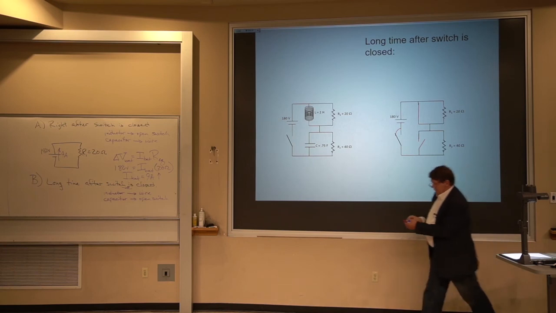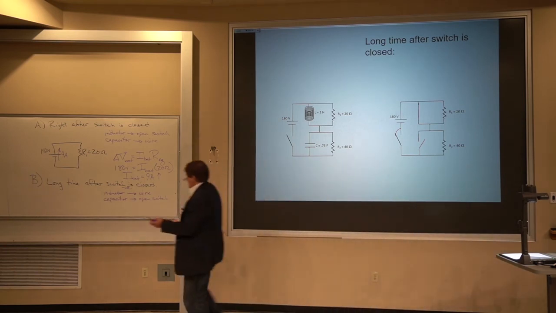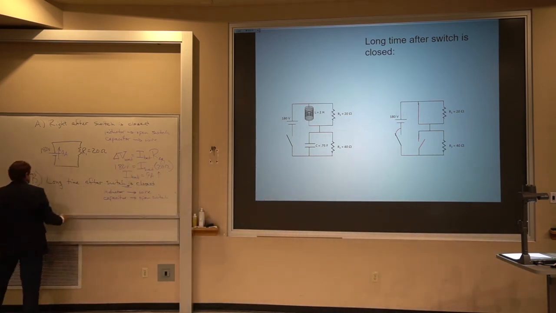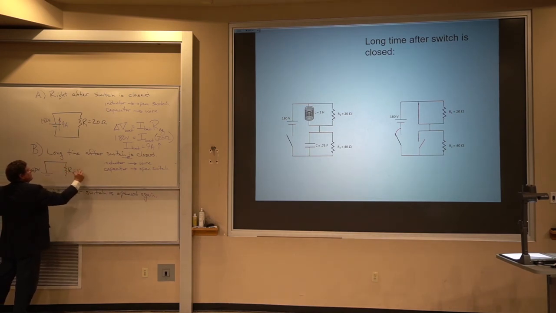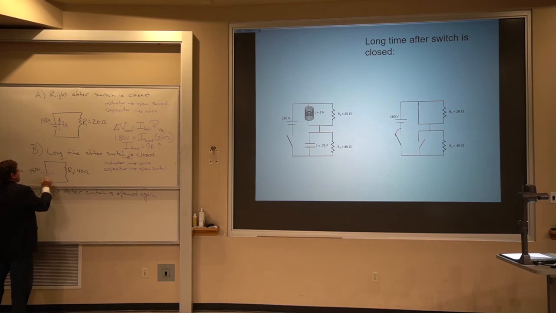So now the circuit looks like I've got 180 volts pushing current through an equivalent resistance of R2, which is 40 ohms. Using the same reasoning, now I'm only going to get 4.5 amps.